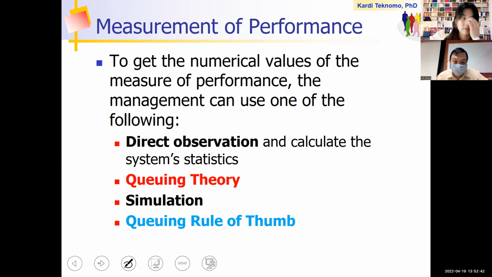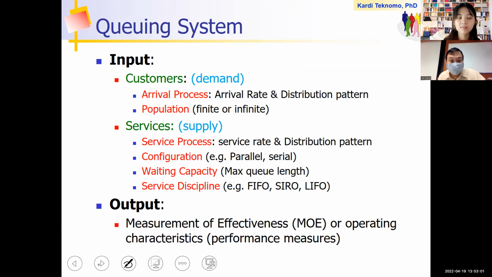This is what we discuss in this class. And then you can also use simulation. And I proposed, I think in 2012, 10 years ago, what is called the queuing rule of thumb. So I will discuss this next meeting. So any queuing system consists of input and output, right?